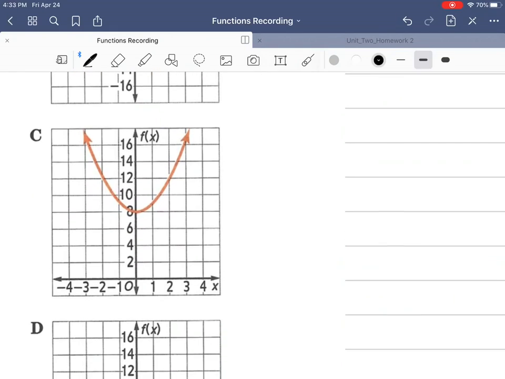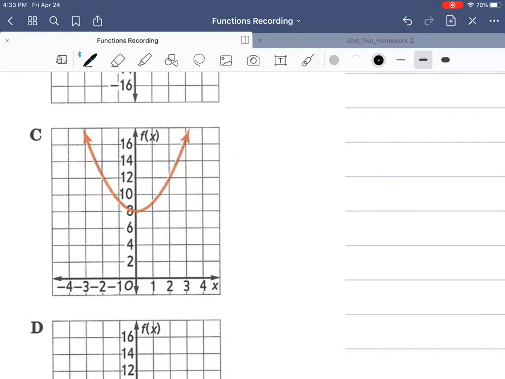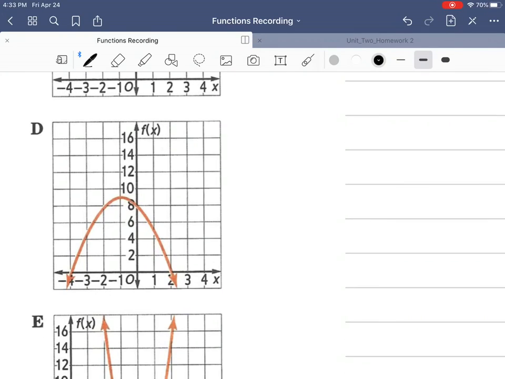Let's look at the rest of them though. This is a smiling parabola, that's what we want, but it crosses y at positive 8. And that is not okay. That's not what we're looking for. This is above the x-axis. This is a frowning parabola, so right there we're off. It does cross at, no, that's positive 8 still.